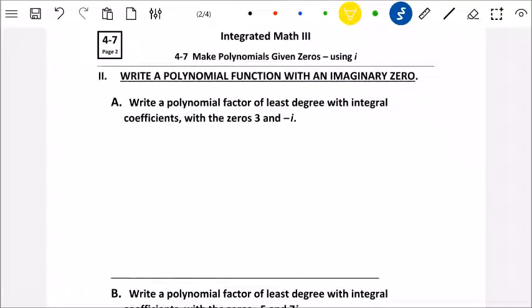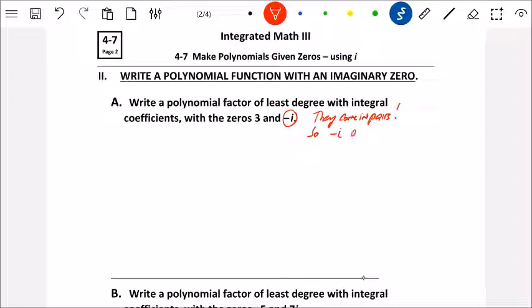this next one. Write a polynomial function with an imaginary 0. Now we're going to start using the letter i. Okay, and here's the first main thing to recognize. They come in pairs. So if they come in pairs, that means now the next step is to include the second one.